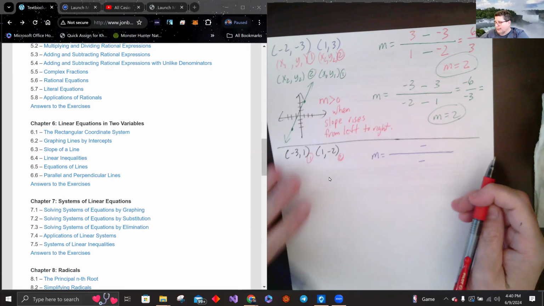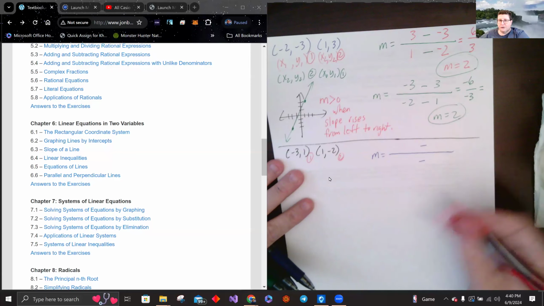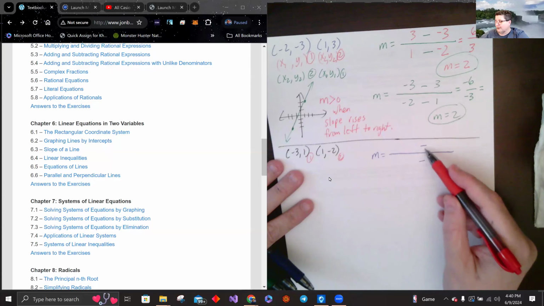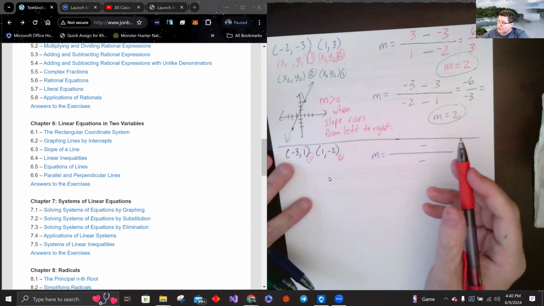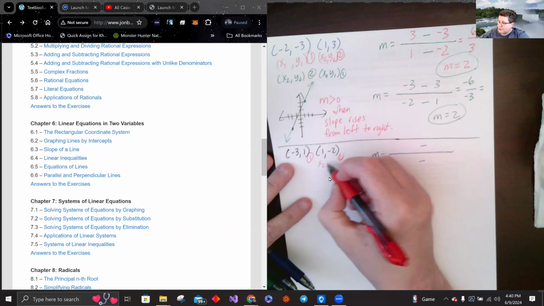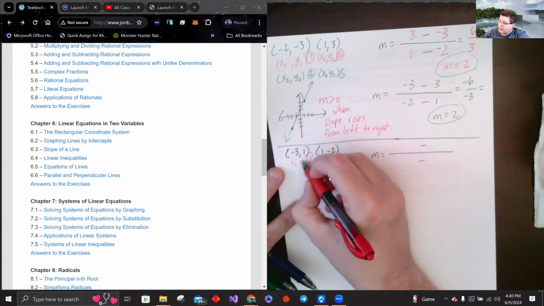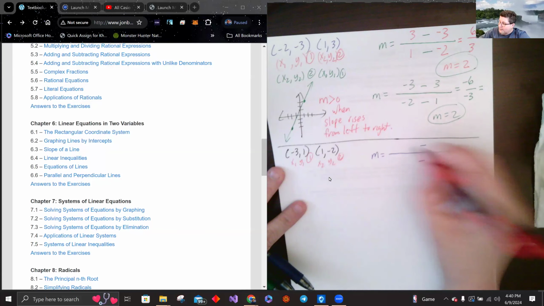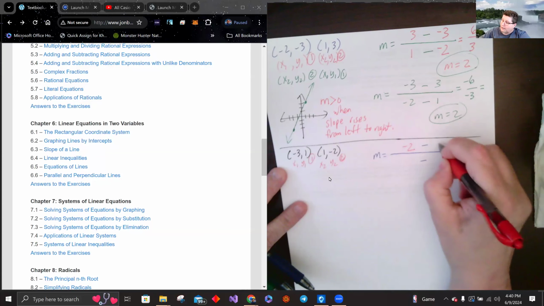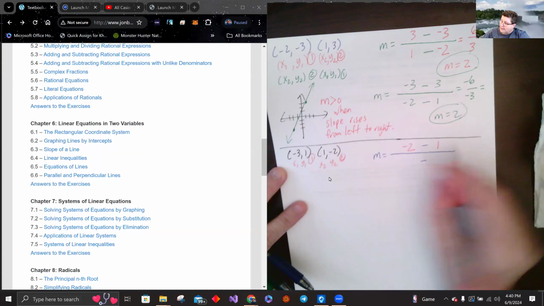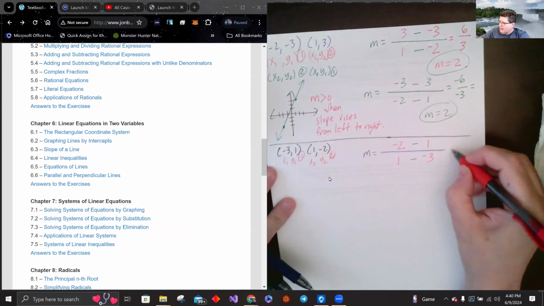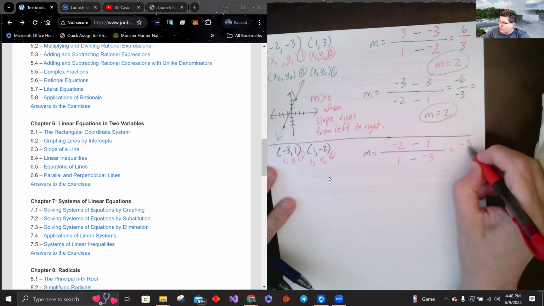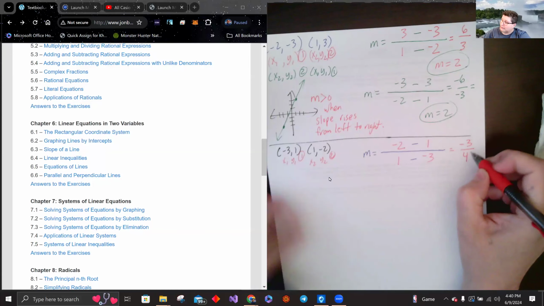That way, when I'm plugging the numbers in, I don't confuse the minus sign here with the negative sign on the numbers. So x2, y2, x1, and y1. Y2 comes first, y1 comes second, x2 comes first, x1 comes second. I'm getting -3 over +4.